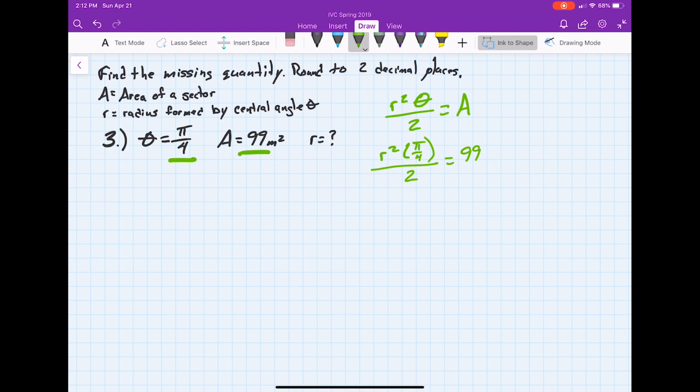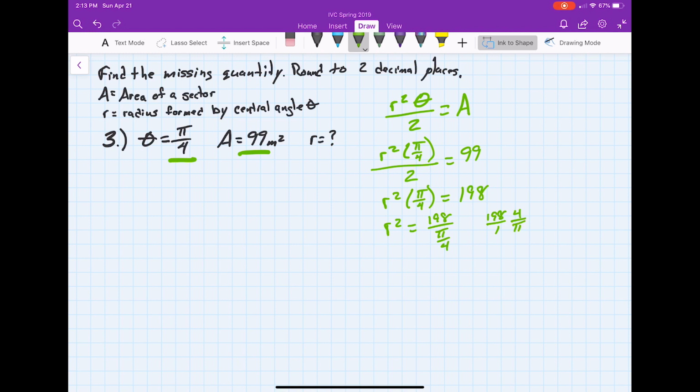We'll multiply both sides by 2, which will give us r squared times pi over 4 equals 198. Then we divide both sides by pi over 4, so we end up with this ugly looking equation. Dividing is actually multiplying by the inverse.